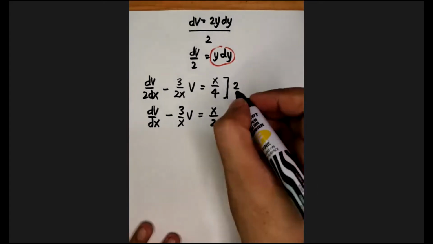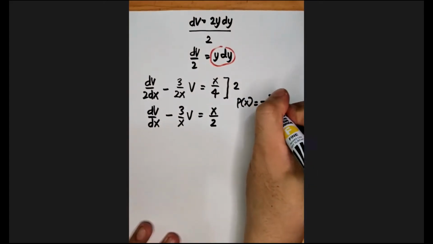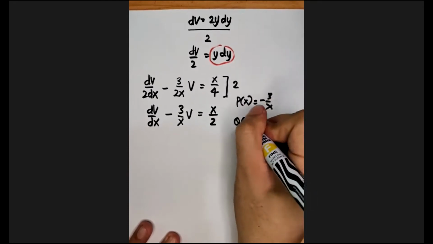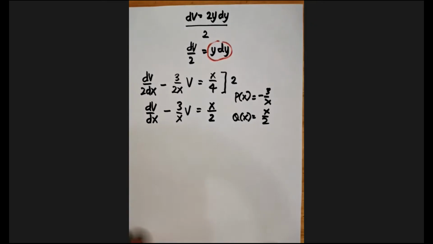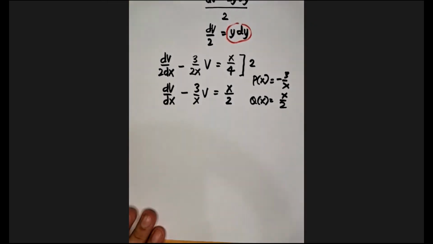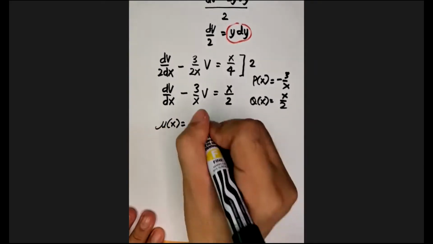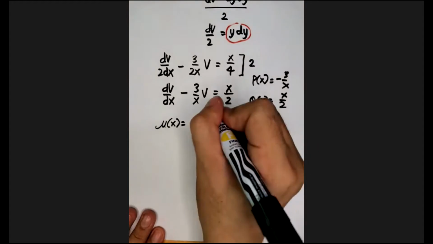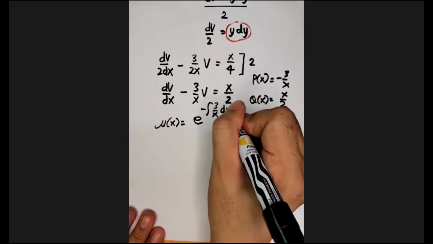Ayan. So ito ay linear na siya. So what's our p of x? So p of x is negative 3 over x. And then our q of x is equal to x over 2. Okay. So that means, let's get the integrating factor. So the integrating factor is equal to e raised to negative, the integral of negative 3 over x dx.